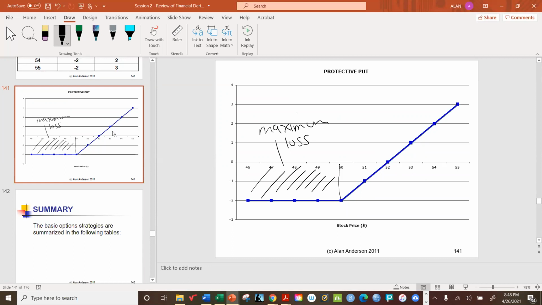But still, that's a small price to pay, I think, in exchange for having this protection from the stock price going down. So in other words, if you have a stock where you're a little bit worried about it, rather than selling it, you could think about buying a put. And that way, no matter what happens in the market, the profit will never go below this negative $2.